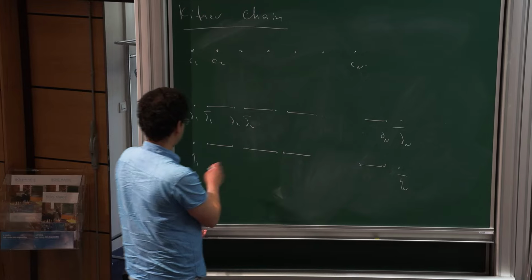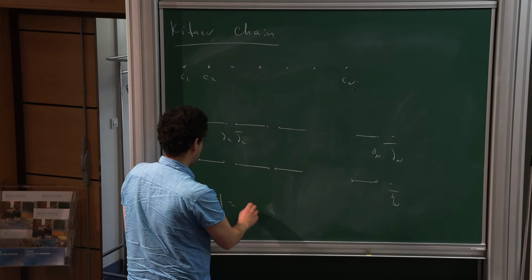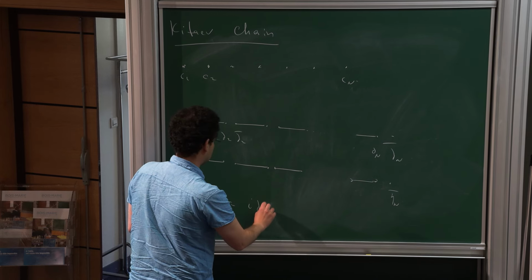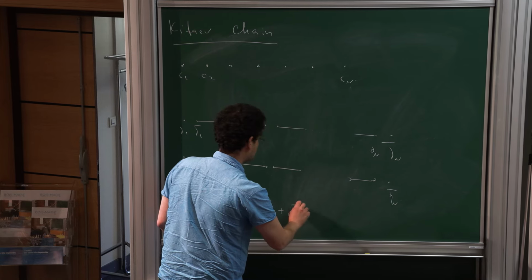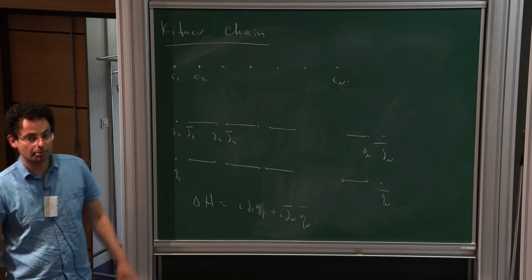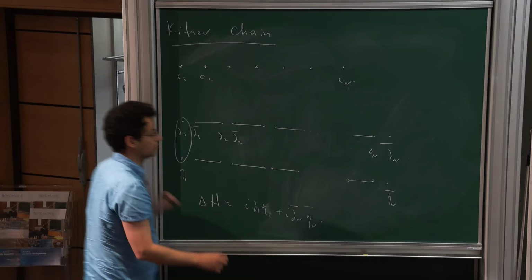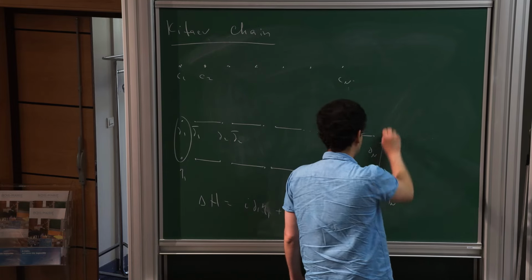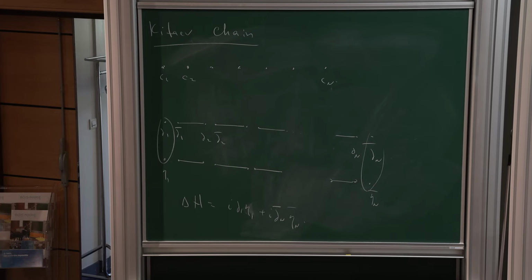So if we consider delta H equal to i gamma 1 eta 1 plus i gamma n bar eta n bar, these are local terms localized on the boundary that will gap out the boundary Majorana modes and lead to a fully gapped ground state on an open stacked chain.